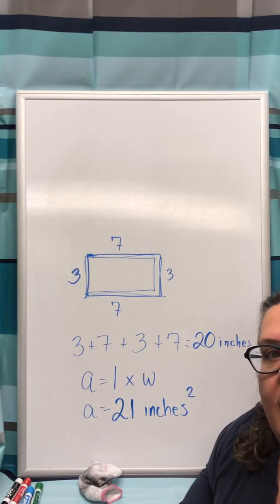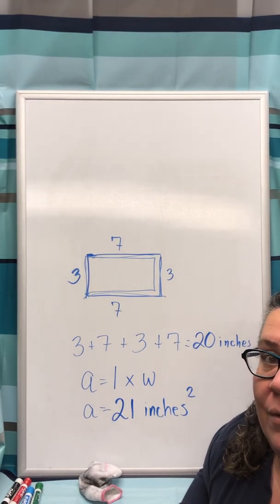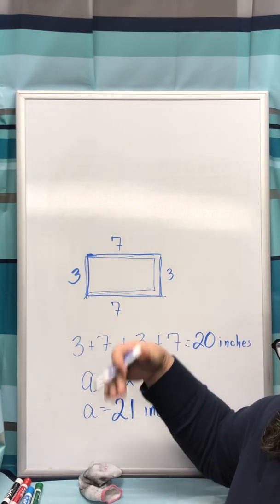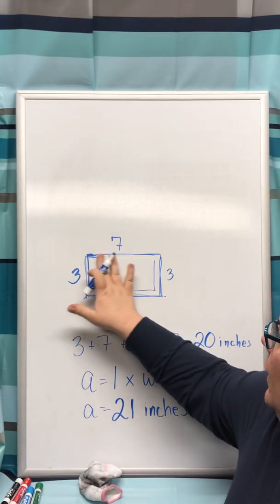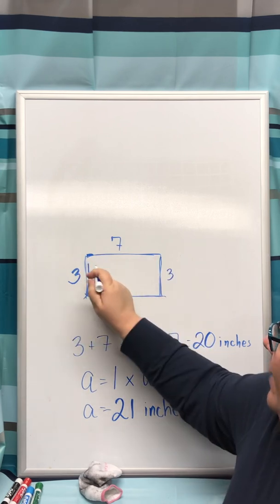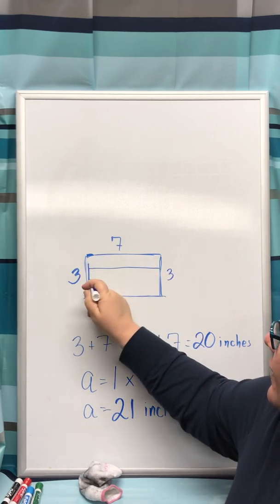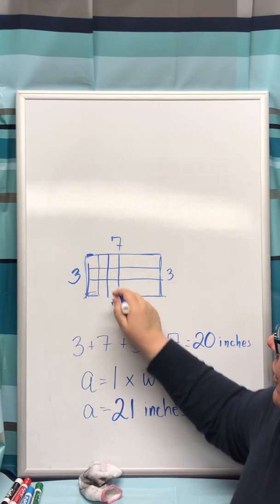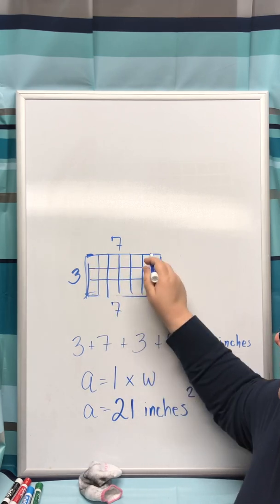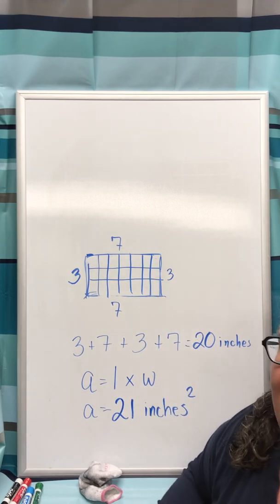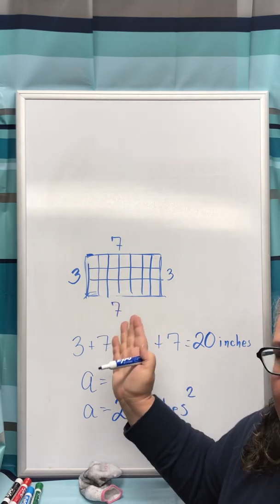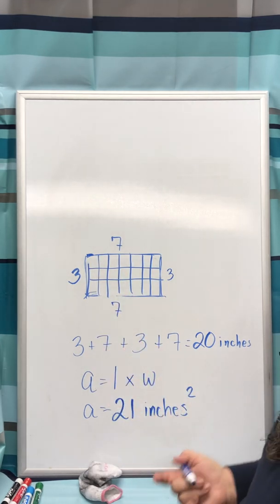Because remember, if you go back to when you were in third grade, we actually had squares built into that rectangle. So the very beginning part was they would cut this into 3 rows and 7 columns, and then you would just count all of the boxes and you would find that there were 21 boxes or 21 squares inside that.